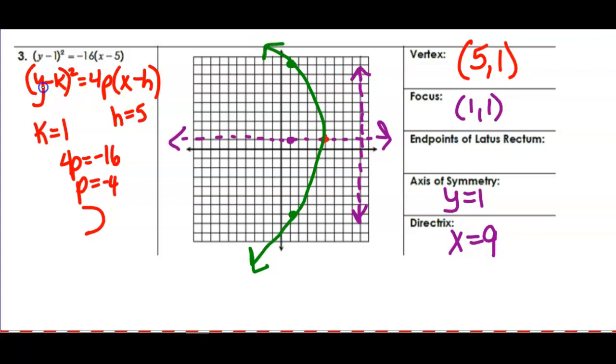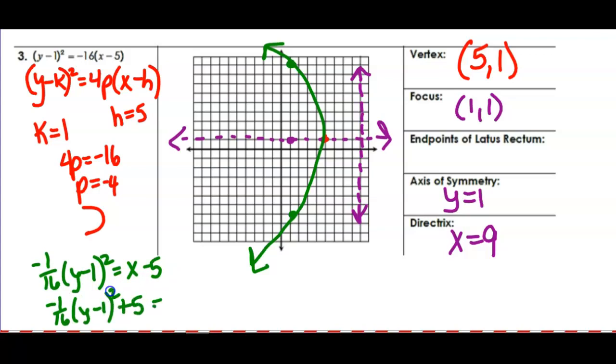Because if we rewrote this in vertex form, it wouldn't be vertex form because it's opening left, right. But if we divided the 16 over here, we'd have negative 1/16 (y minus 1) squared equals x minus 5. If we added the 5 over, we'd have x equals negative 1/16 (y minus 1) squared plus 5.